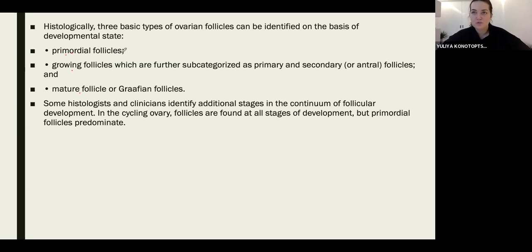Primordial follicles, due to some kind of stimulation, will become growing follicles, which are your primary and secondary, right? So primordial will become primary, primary will become secondary follicle. Secondary follicle will become tertiary or mature follicle, and mature follicle will become Graafian follicle.